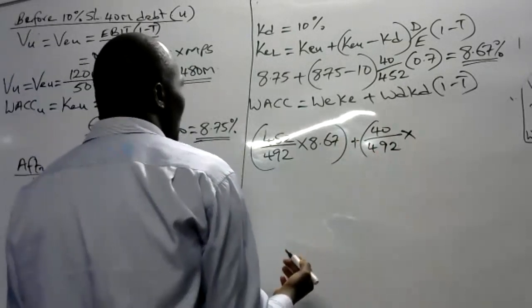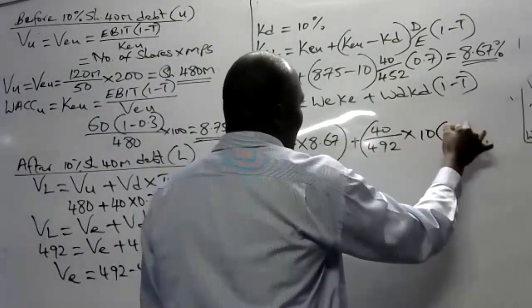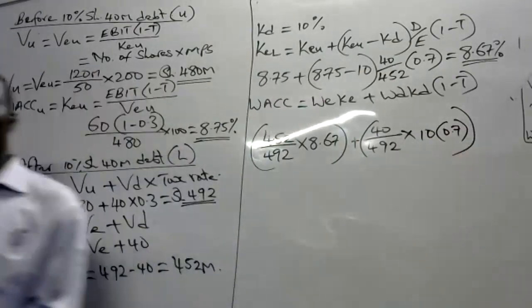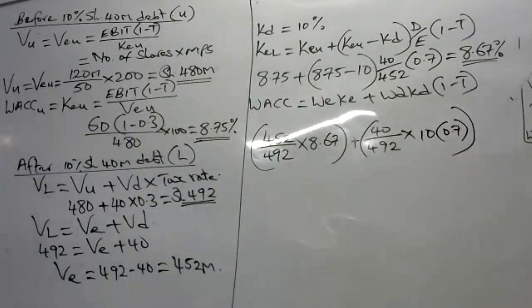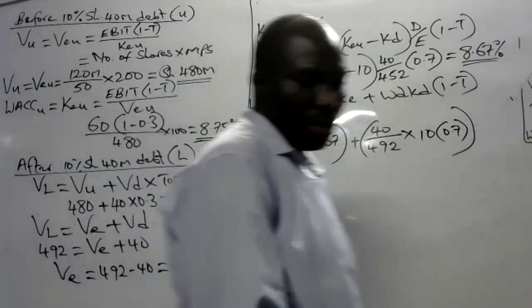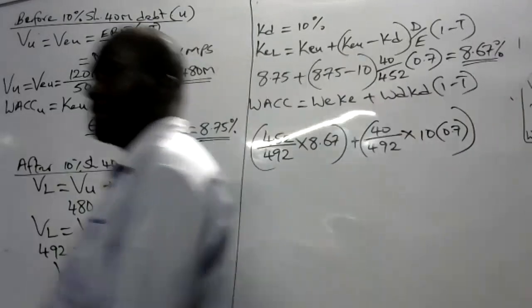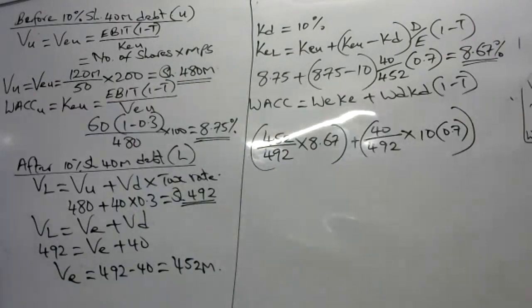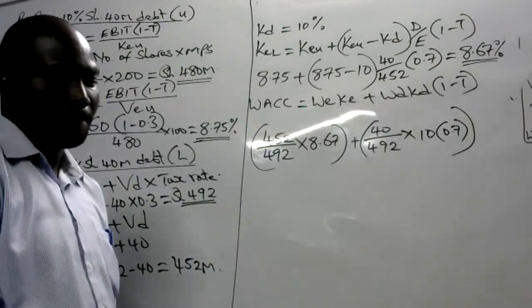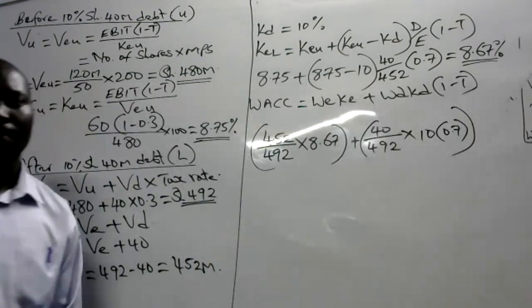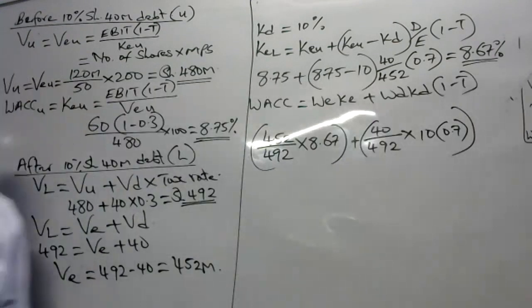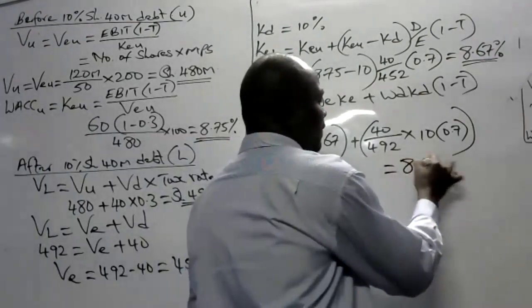Alafu cost of debt ni ngapi? 10, adjusted for tax. Eight point 8.5.